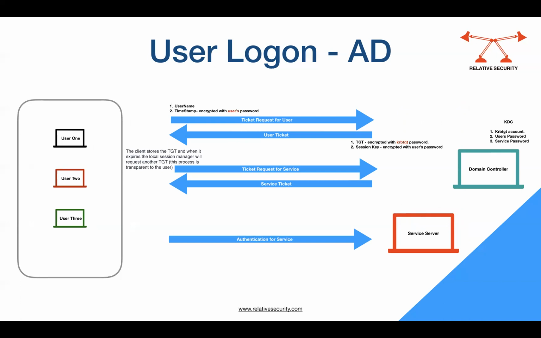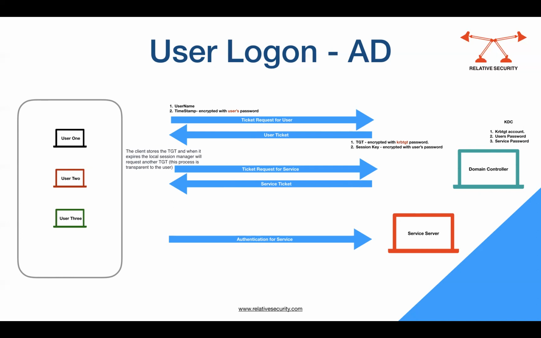Now, the first time the user logs in to the workstation, what happens is, as soon as the user has entered their credentials and logged in, using the password they have entered, a key will be generated. Remember, a similar thing happened when the user was created.